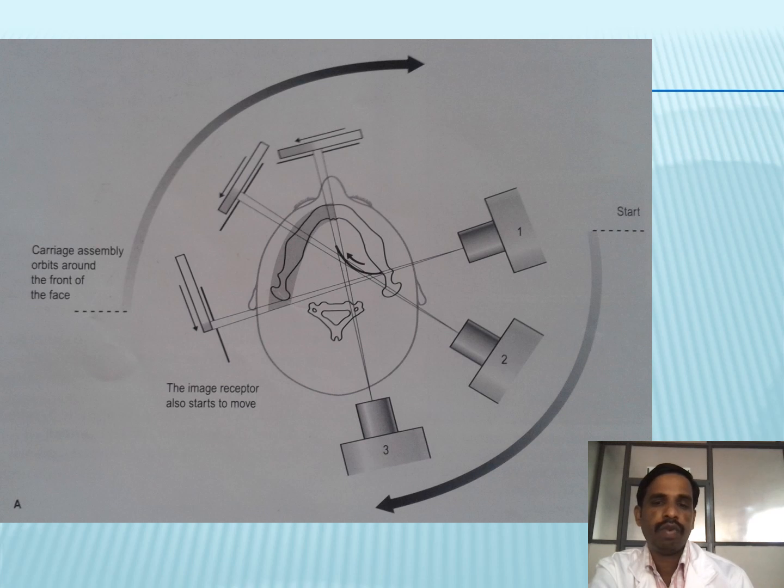From position 1 it moves to position 2, and you can see how much of the image is formed, that is the shaded one. When it comes to position 3, from 2 to 3, almost half of the image is captured. So the left side of the mandible, the left side of the face of the patient, is recorded in these 3 movement patterns shown in this radiograph.